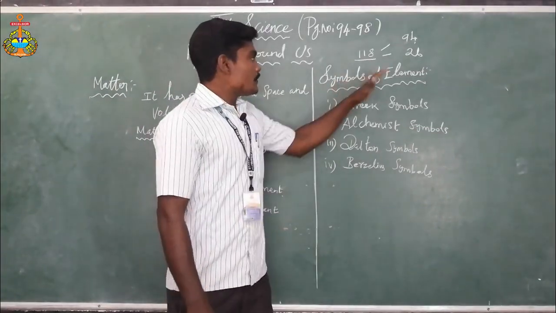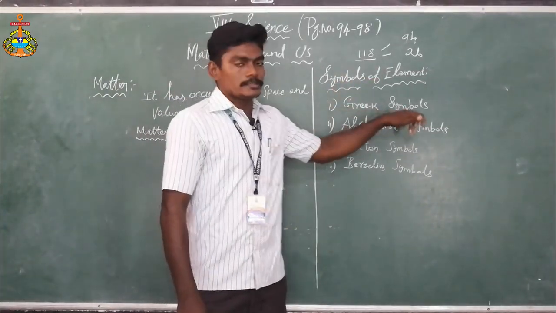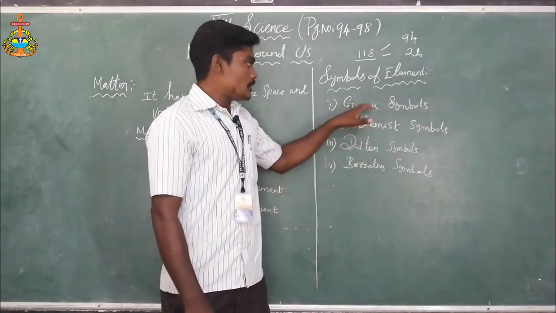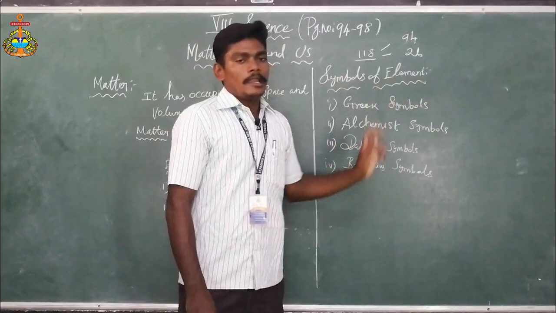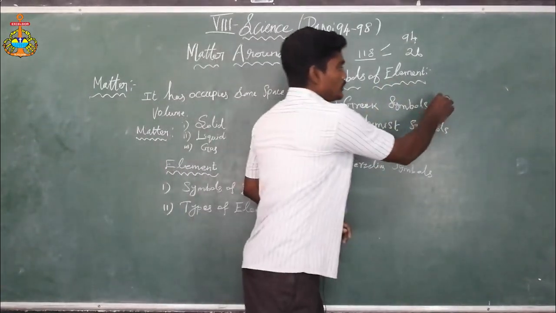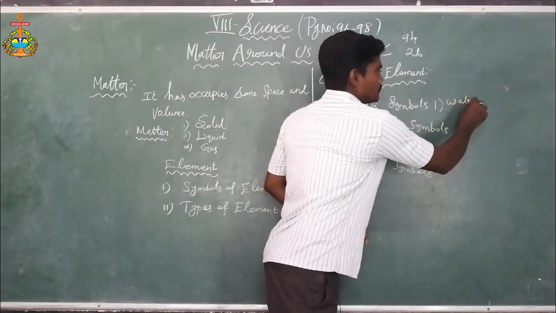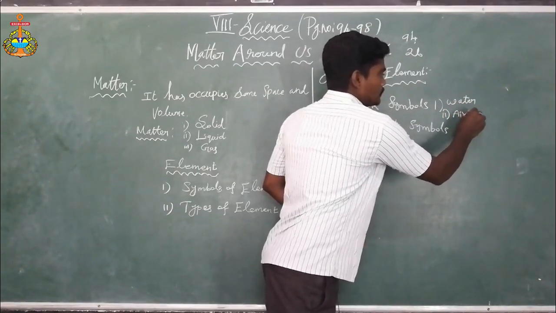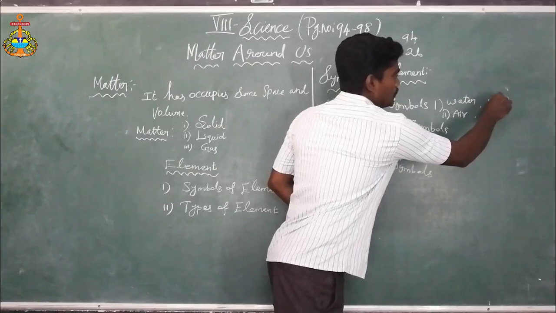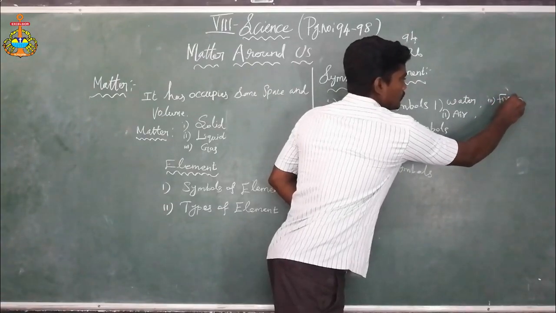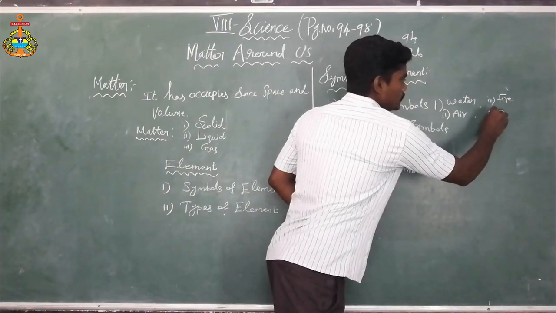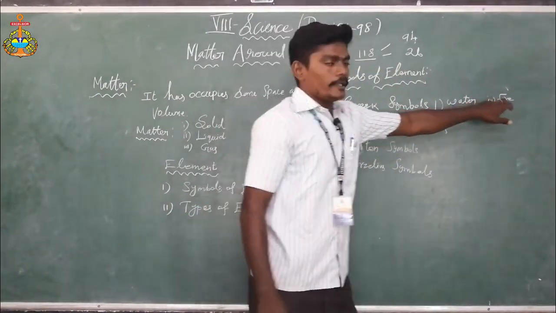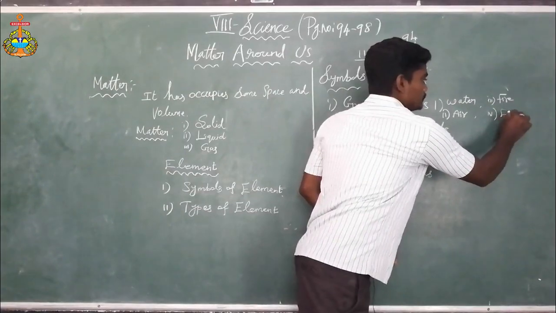Okay. Symbols of elements. First one, Greek symbols. The Greek symbol is in the form of a geometrical shape. It represents four elements: water, air, fire, and the fourth one, earth.